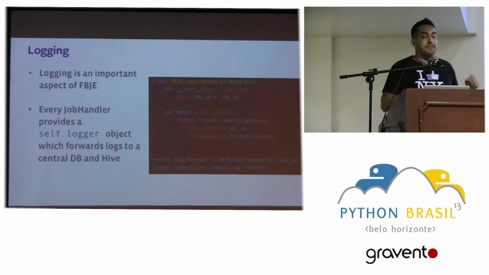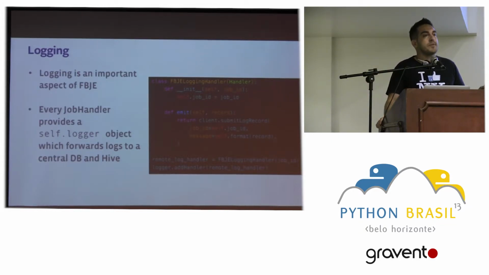Similarly to context, we also wanted to provide a very Pythonic way to log messages and information, warnings, errors, in a way that we could keep for longer retention if needed, and also give visibility to our users.